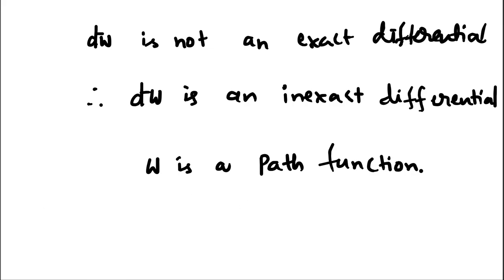So now let's take the expression for work. What is the expression for the work? W equal to negative P external times delta V. But let's take a smaller work, that is dW equal to negative P external times dV.